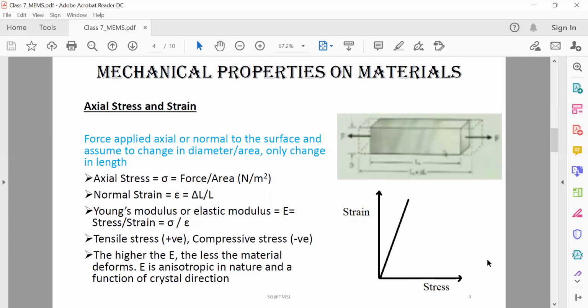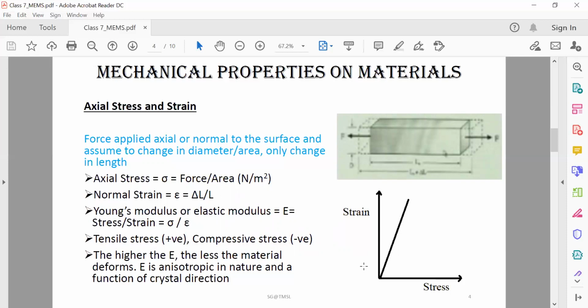Although some definitions are known to you, again I will review and remind you of those definitions, because when you are going to design, it's very important to be aware of those definitions accurately. Some are axial stress and strain, and some are known as shear stress and strain.